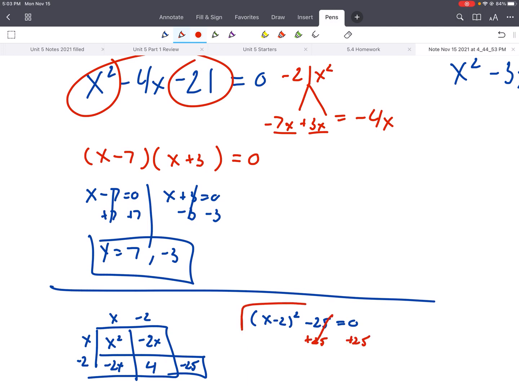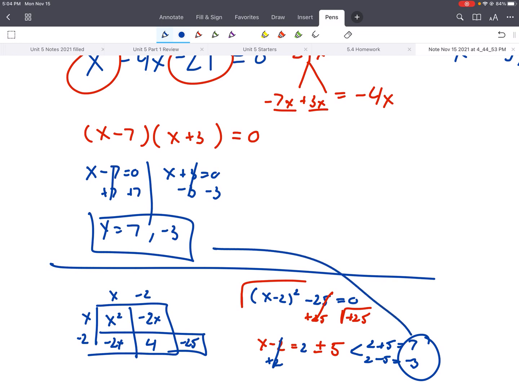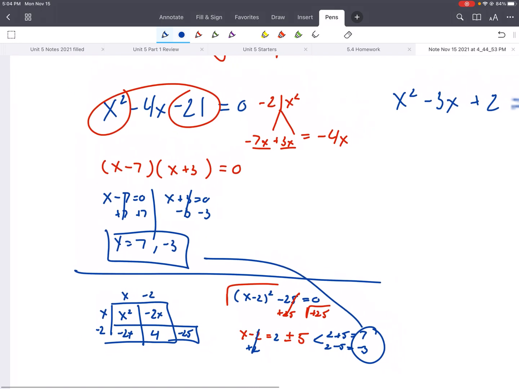And then we'd square root both sides. So we'd get x minus 2 is equal to plus or minus 5. And then we would add 2 to both sides. So we'd get 2 plus 5 is 7, or 2 minus 5 gives you negative 3. So we ended up getting the same thing.